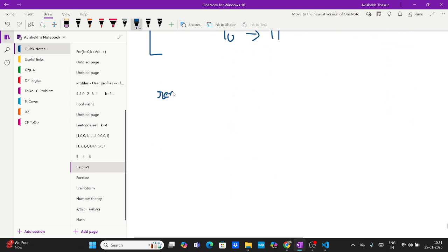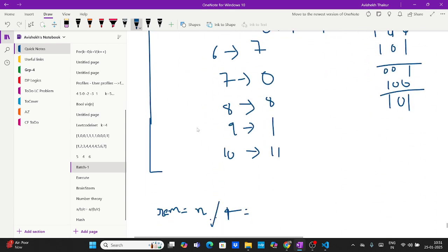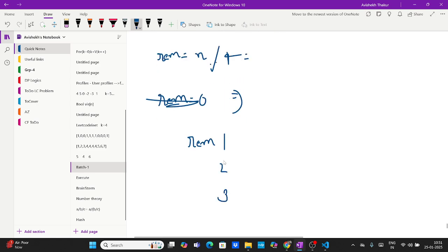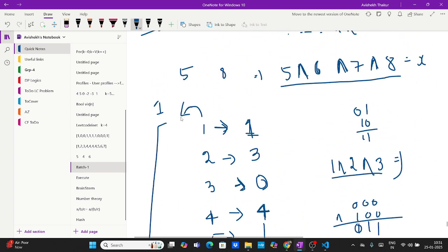The remainder, which is n modulo 4. First remainder 1, remainder 2, remainder 3, remainder 0. This is nothing but remainder 1.